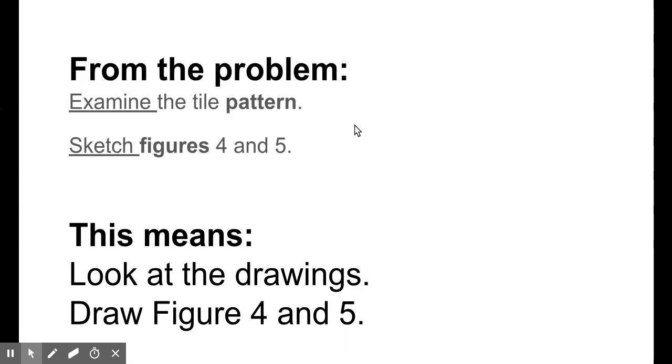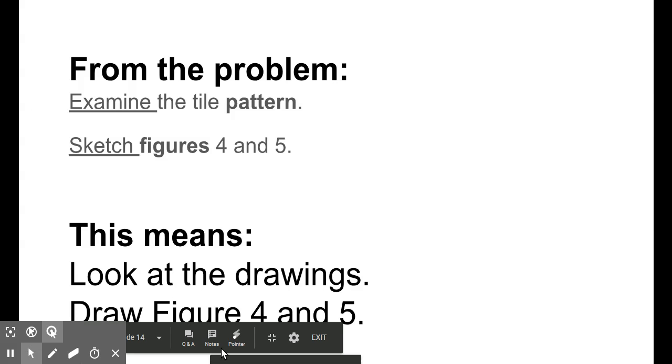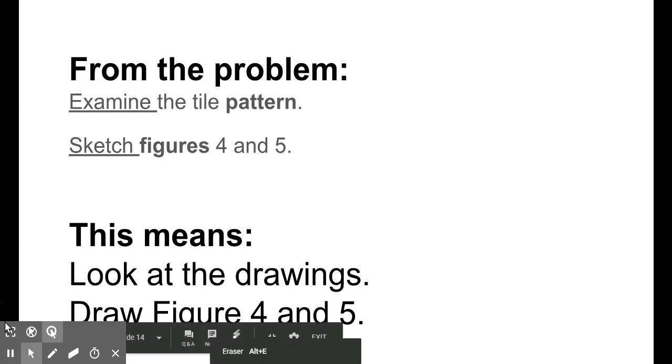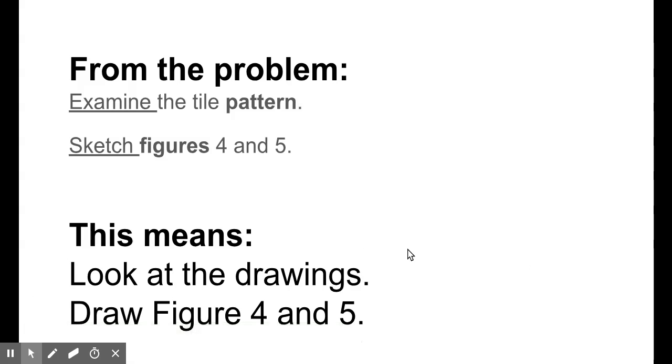This is, of course, what the problem had. Examine the tile pattern and sketch figures 4 and 5. And then down here is how we simplified it: look at the drawings and draw figures 4 and 5. Which version would be easier for you to do? Correct, the one on the bottom, because you took the problem and you started to understand it.